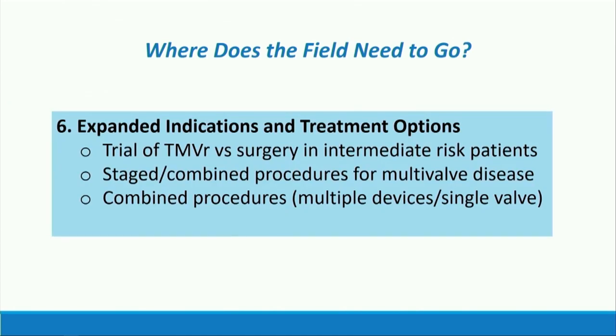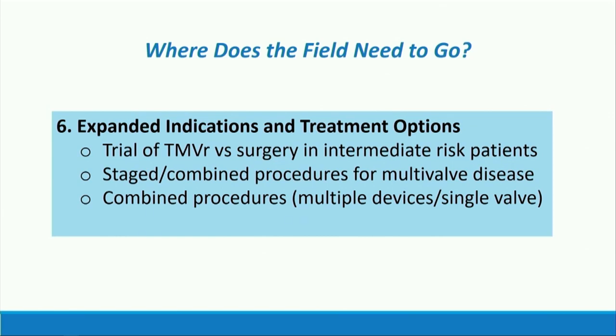Next is expanded indications and treatment options. So we will see a trial of transcatheter mitral valve repair versus surgery in intermediate risk patients that's likely to start early next year. We will see staged and combined procedures for multi-valve disease.